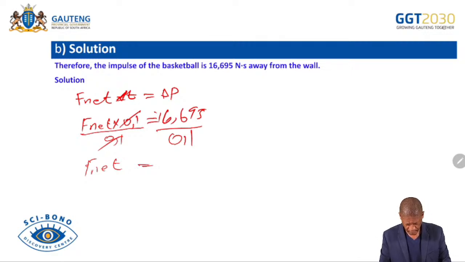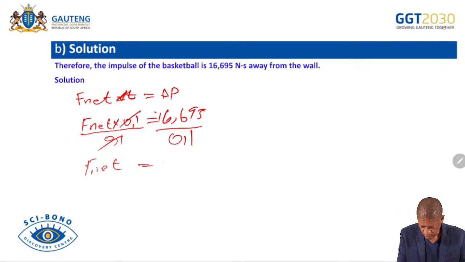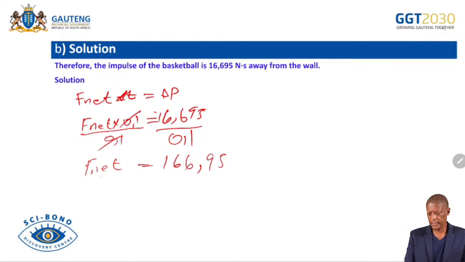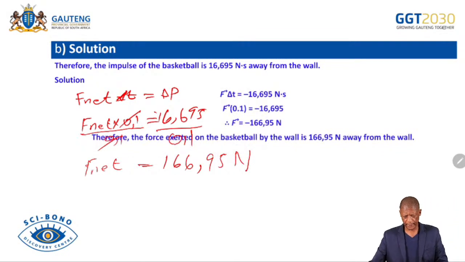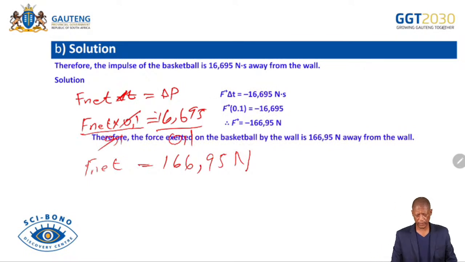Then it gives me 166,95. What is the SI unit of a force? It's Newton. All right. So we are moving with time. In fact it's supposed to be minus because we have that minus.